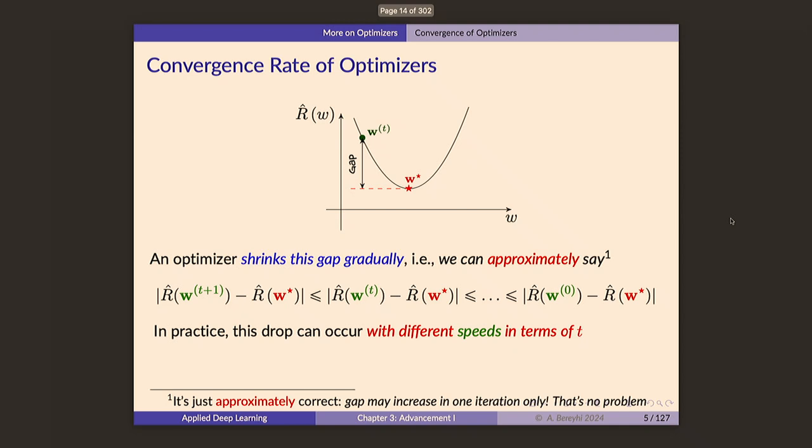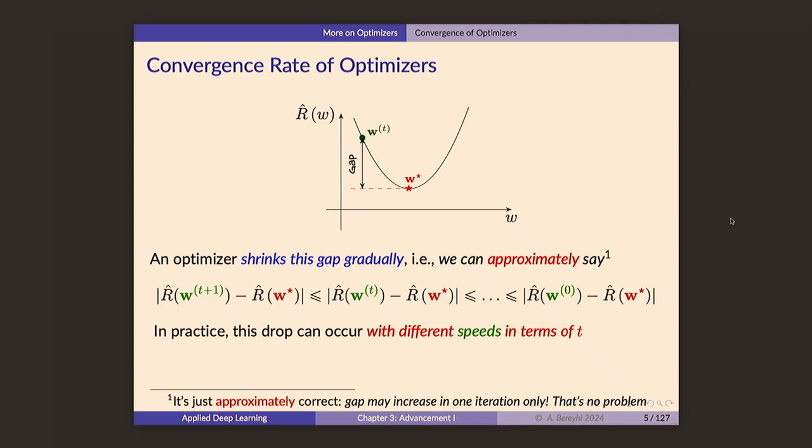So now the question is how fast this optimality gap is going to drop. Or in other words, how many iterations do I need to make this small enough? And of course, I don't want to say 0 exactly, because for most algorithms I cannot guarantee that it's exactly 0, but I can make it as small as I want.